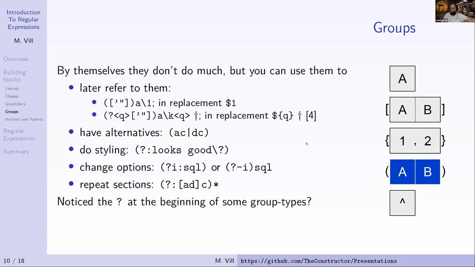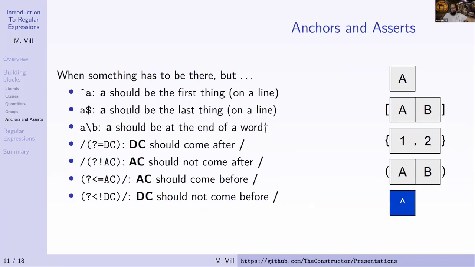And in a way, this brings us to the next and last building block. This is anchors and asserts. We have here the possibility to either have some predefined anchors like the hat or the dollar that you probably have seen somewhere, which align to the first and the last thing in your match, usually on a line.